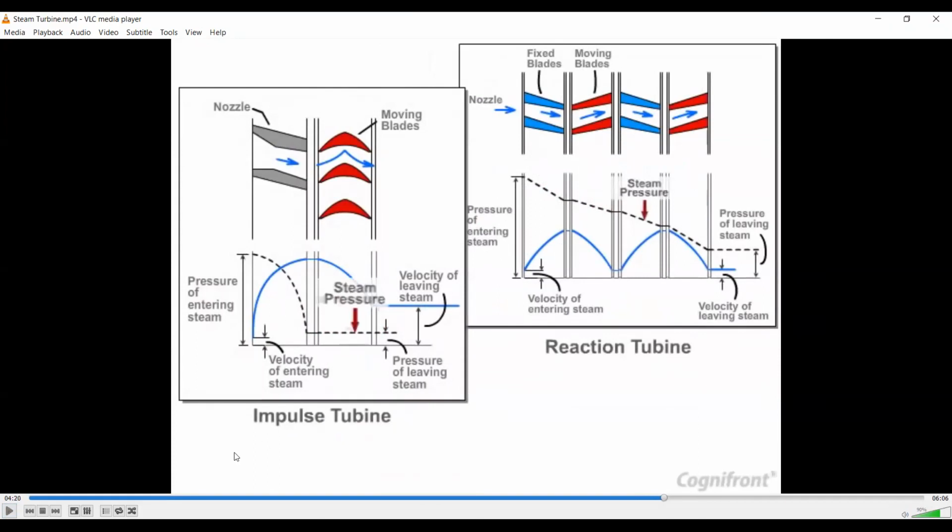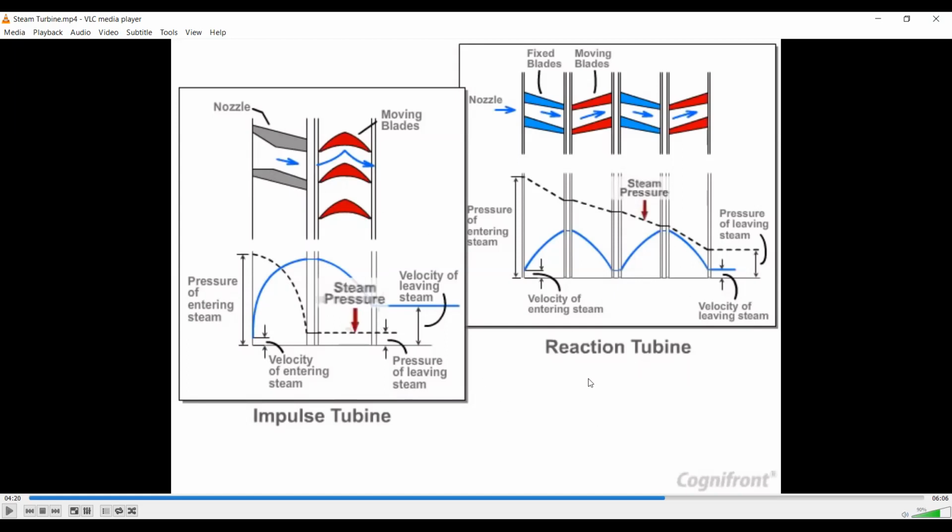See the comparison between the impulse turbine and the reaction turbine. See, in the pressure for the impulse turbine, the pressure is decreasing, then remains constant. But in case of the reaction turbine, the pressure is continuously decreasing until it leaves the turbine. And in case of velocity, when it is in the nozzle, it is increasing, and then decreasing velocity is there for the blades.